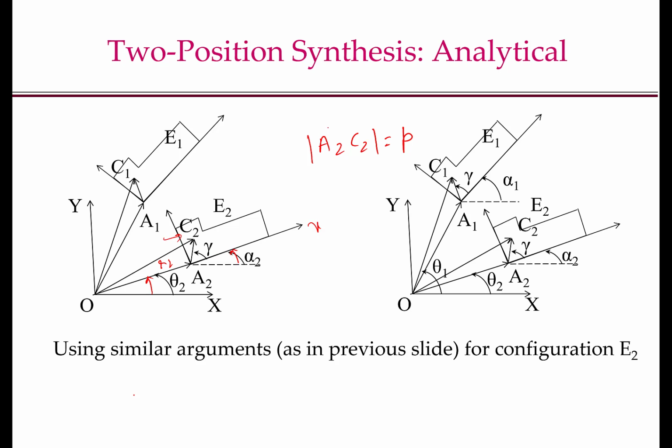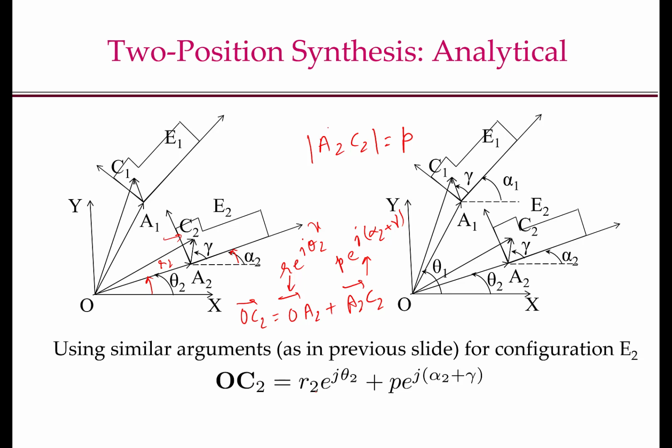Therefore, using similar arguments to those in the previous slide, that is OC2 equals OA2 plus A2C2, and noting that OA2 is R2 e to the power of j theta 2, and A2C2 is P e to the power of j (alpha 2 plus gamma), I have OC2 is R2 e to the power of j theta 2 plus P e to the power of j (alpha 2 plus gamma).